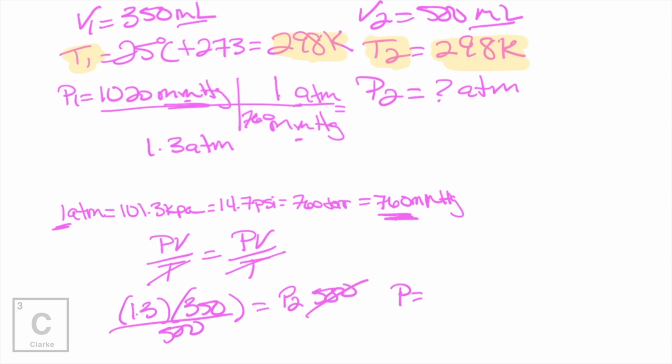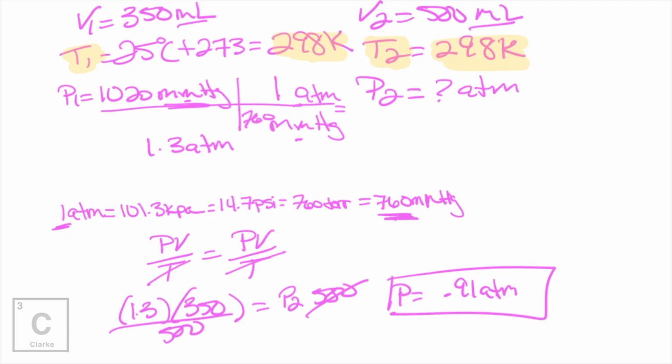Pressure 2 equals 1.3 times 350 divided by 500 in the calculator. I'm getting the new pressure to be 0.91 atmospheres, which makes sense because pressure and volume are inverses of each other. The volume increased, so we would expect the pressure to decrease.